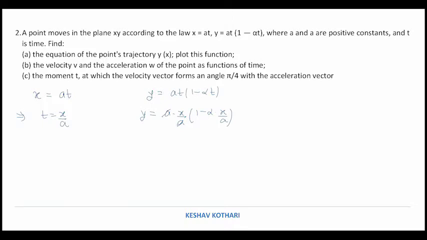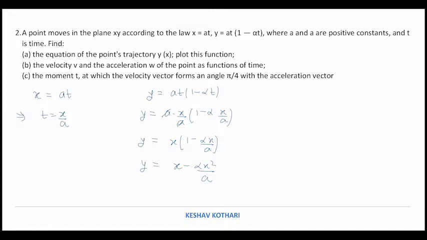So we obtain the equation of trajectory: y is equal to x(1 minus alpha x by a), or we can write it as x minus alpha x square by a. So this is the equation of a parabola.